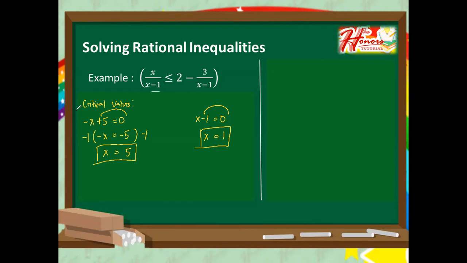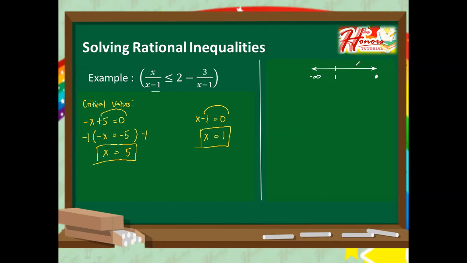So let's have our number line here where we are going to have our intervals. At the left side, we have here negative infinity, and of course, we have here positive infinity also. And then we have here our critical values, those are 5 and 1.